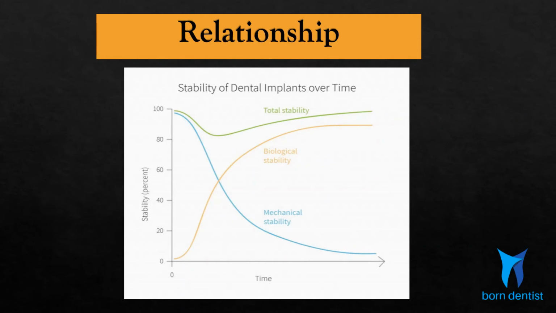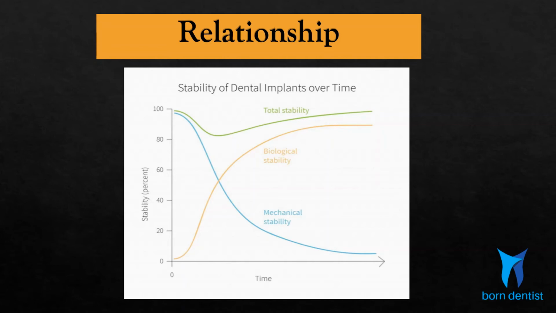This is the graphical representation of implant stability plotted at various time intervals after placement. The blue line represents primary stability, the orange line denotes secondary stability, and the green line represents overall stability of the implant, the sum of primary and secondary stability.